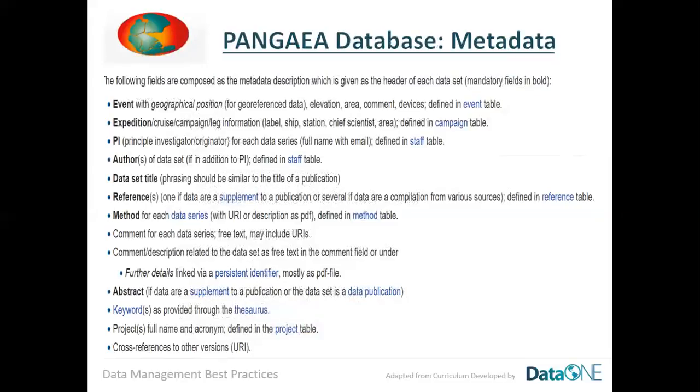So you have the ship information, who the author is, the data set title, reference, and the methodology. So these are some examples. You can see abstract and keywords. These are very common, and you can generate this data into your data citation afterward too.